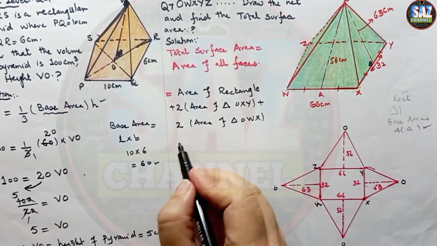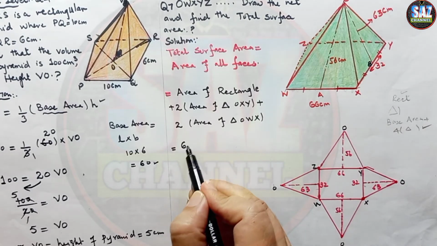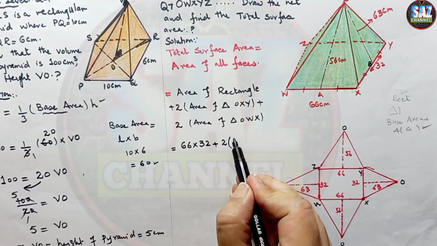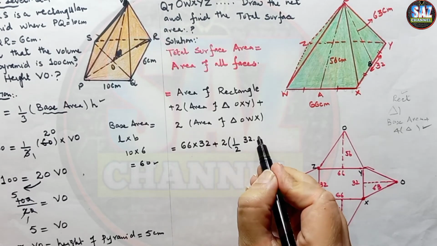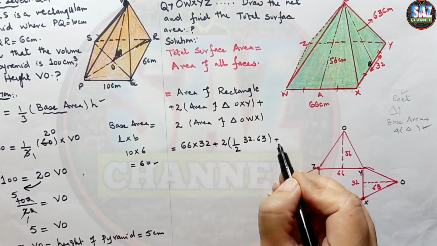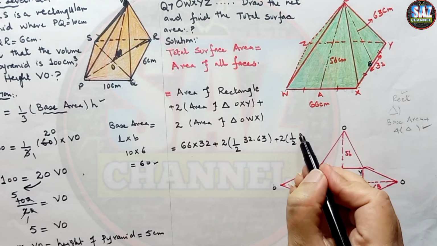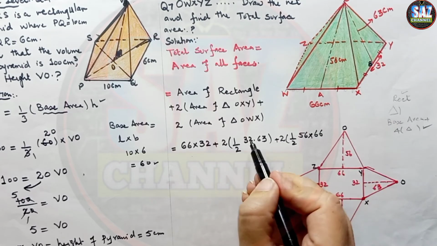Now apply the formula: the area of rectangle is length multiplied by breadth, so that will become 66 multiplied by 32 plus 2 into half into base 32 and height 63 plus 2 into half and OWX, 56 by 66, where the dot stands for multiplication.